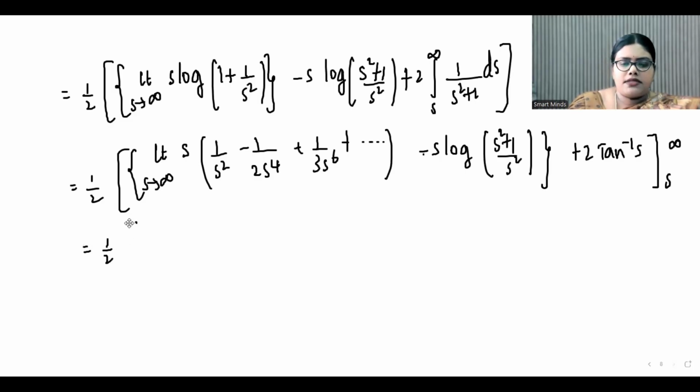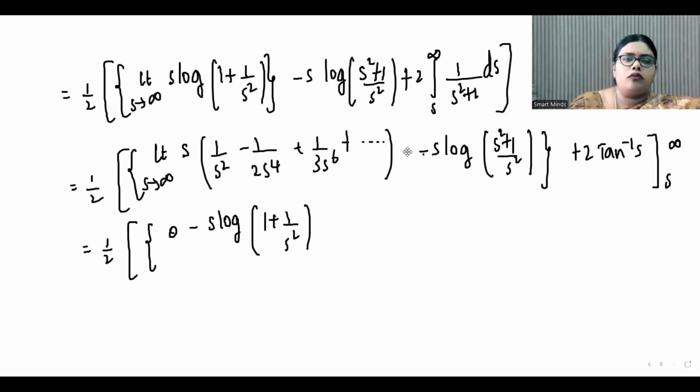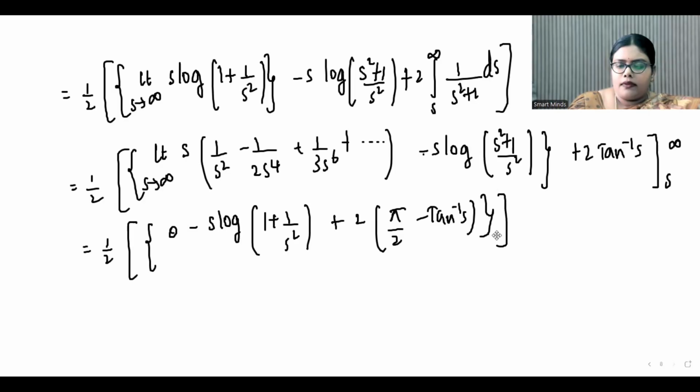Now apply the limits. So what do you get? 0 minus s log 1 plus 1 by s square. This entire thing will become 0. Now I am writing this plus 2 into tan inverse s. If I apply the limits, what we will get? Pi by 2 minus tan inverse s. See here what rule I applied.